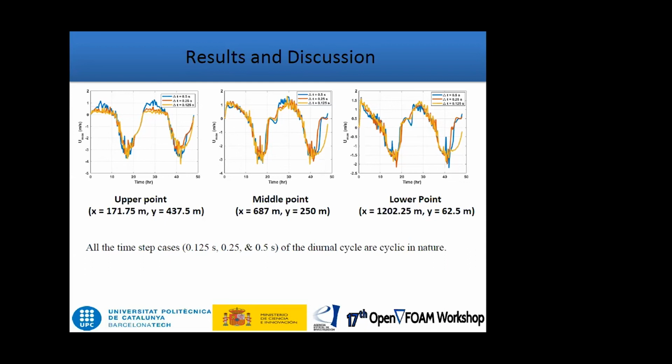At different locations the velocity umax is not uniform: for the anabatic flow, the upslope flow which propagates to the top of the mountain has the highest velocity at the upper point, and for the katabatic flow the umax is at the lower point, and at the middle it is the average of the upper and the lower.